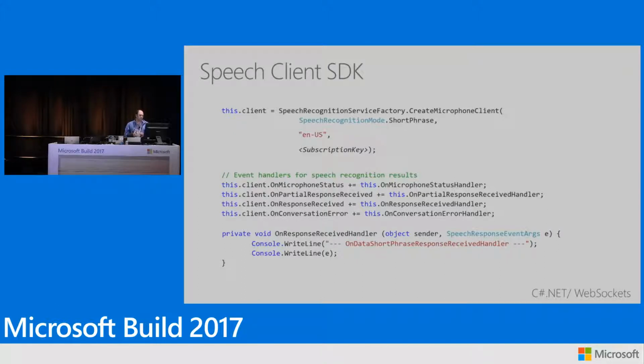And the parameters I pass, as you can see from the code, are the mode of the audio. So all I'm saying there is I'm going to use short phrase. What this means is I'm going to be uploading short pieces of audio up to 15 seconds long. I pass the locale as well. And then I also pass my subscription key, which I get from the Cognitive Services.